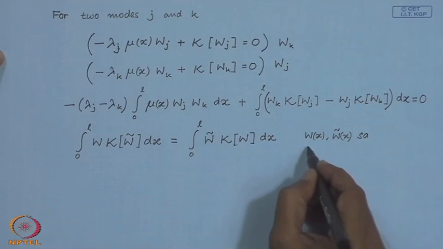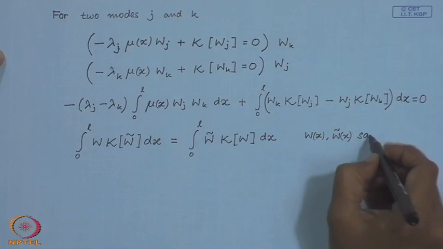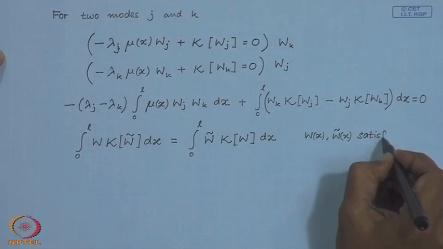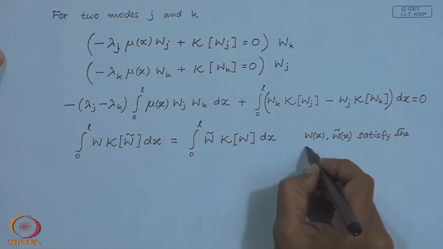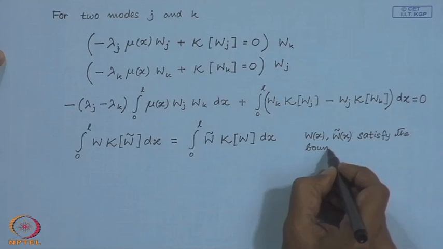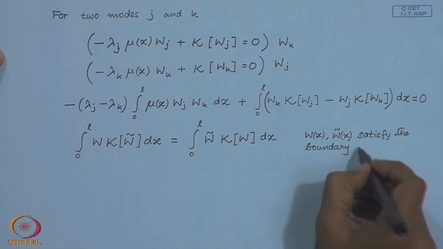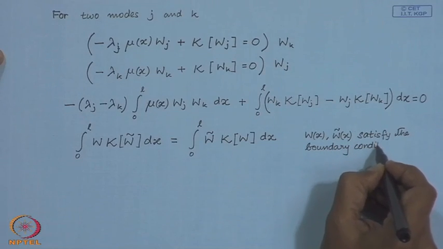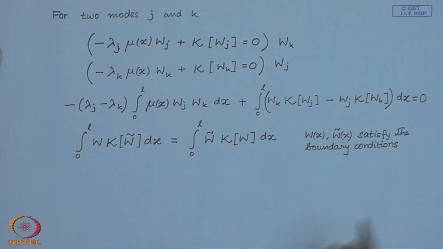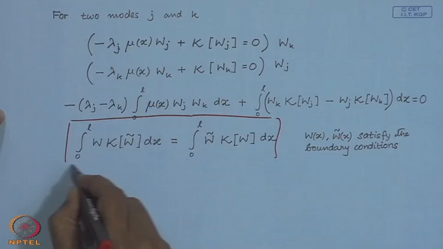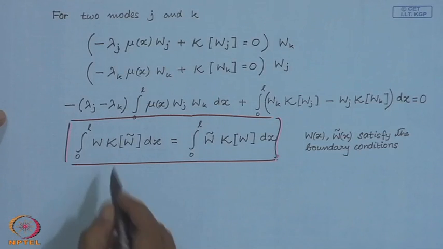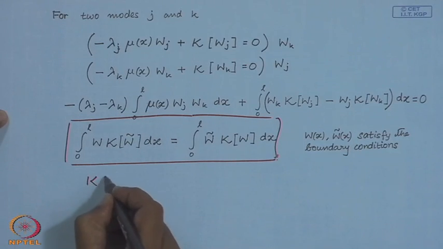Where this W and W tilde are functions that satisfy the boundary conditions of the problem. If this property holds, then this operator k is known as self adjoint.